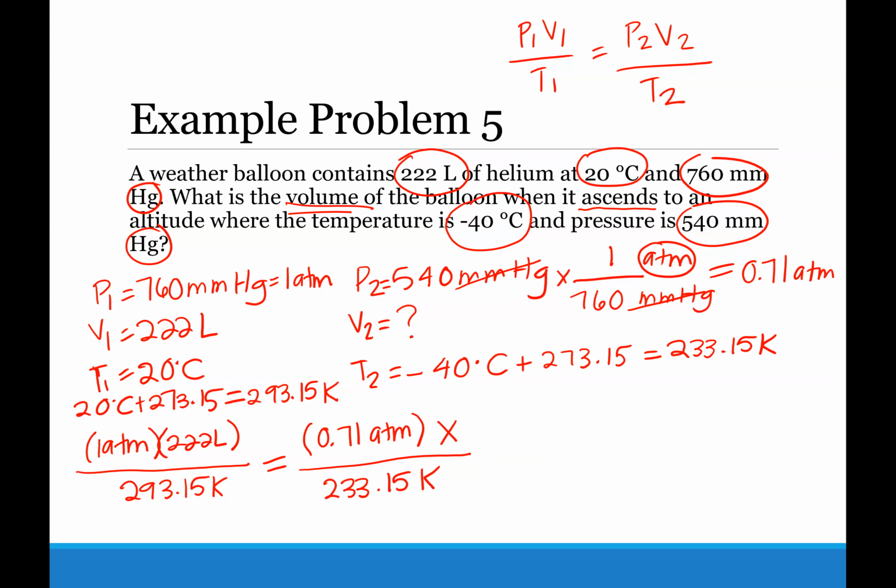So it doesn't matter if you start with the top or bottom, because you're going to multiply like this. So we'll just go ahead and start with the top here. So going down this way, 1 times 222 is 222, so you don't really have anything to do there. But 222 times 233.15 is a really big number, and that's okay.